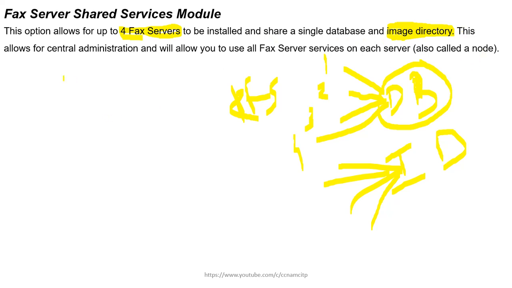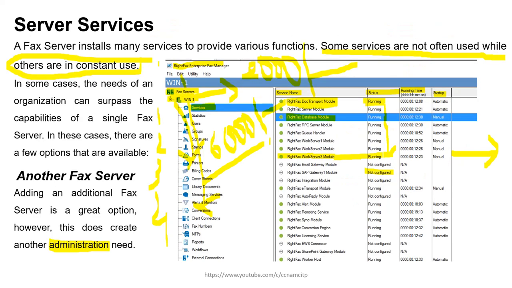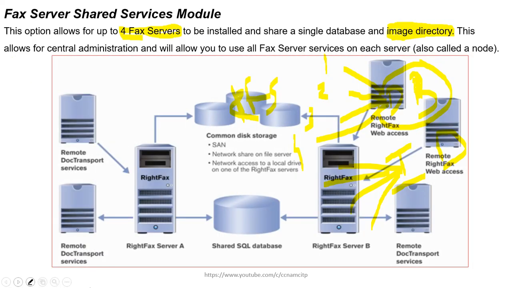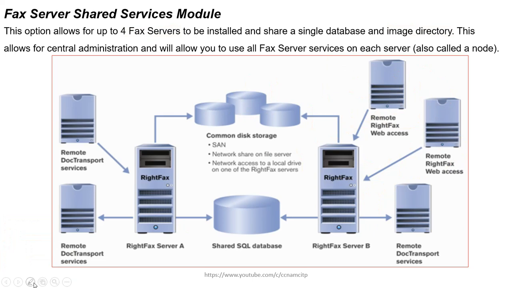And guys, this allows for central administration and will allow you to use all fax server services on each server, also called a node. So similarly, you can add servers here and call them node 1, node 2, node 3. Let me show you one image here, for quick reference, of how it is shared. It will give you a better idea.